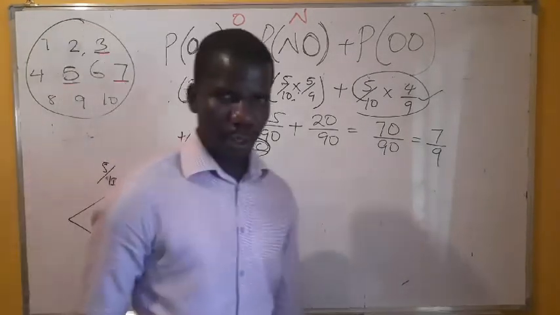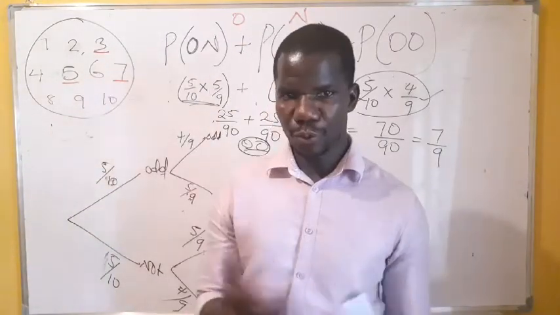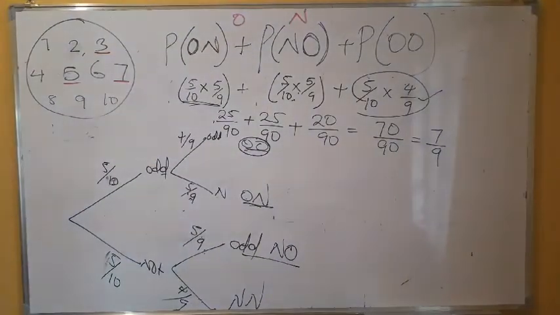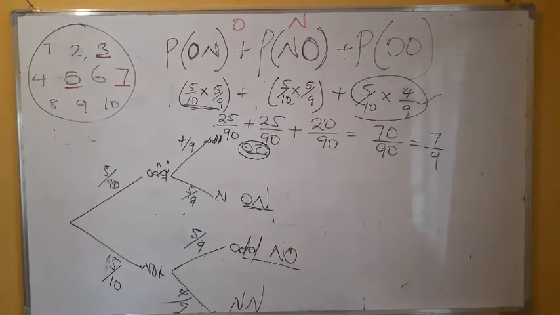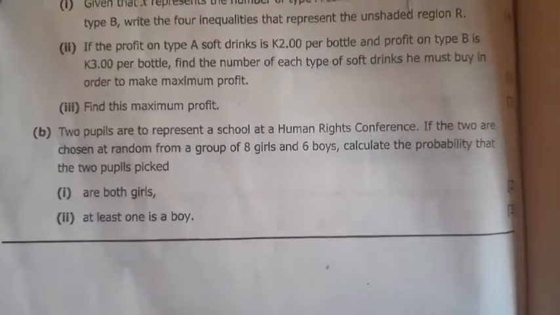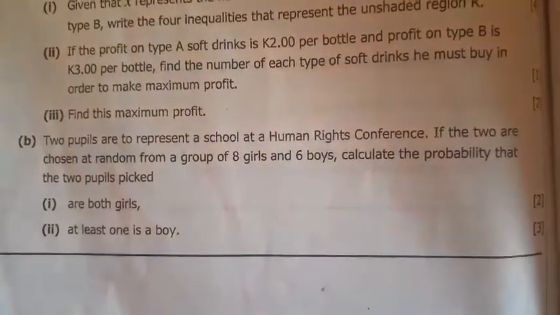All right? So thank you so much. I'm going to give you simple questions from the past exam papers just for you to work out around the same examples. The first question that I'm going to give you I think was in 2014, question B. Let's do question B. At least one is a boy.